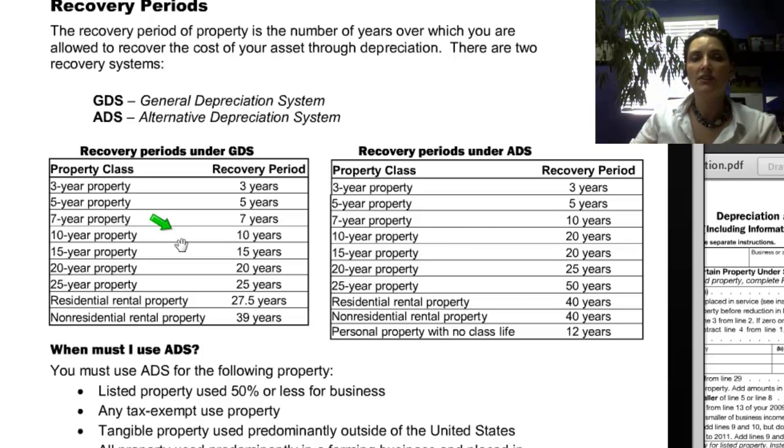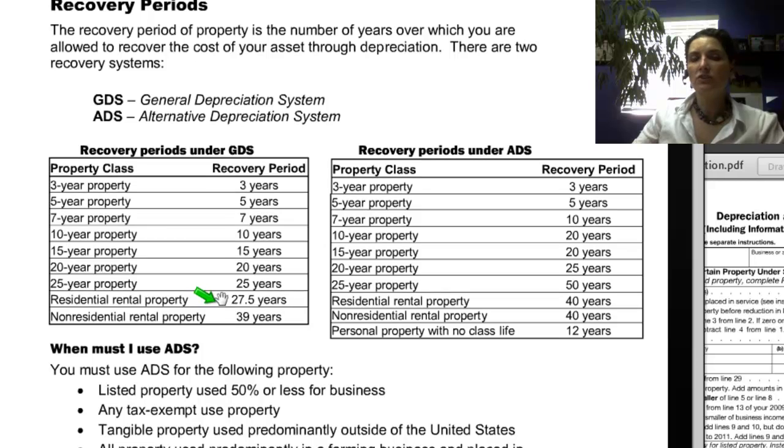And under GDS, 10-year property has a 10-year recovery period, but under ADS it goes to 20 years. And under GDS, 15 years is 15 years, but under ADS it's 20 years. 20 years is 20 years under GDS, but it is 25 under ADS. When we get to 25-year property under GDS, look at this, it's 50 years under ADS.